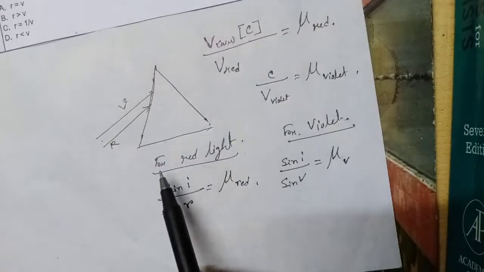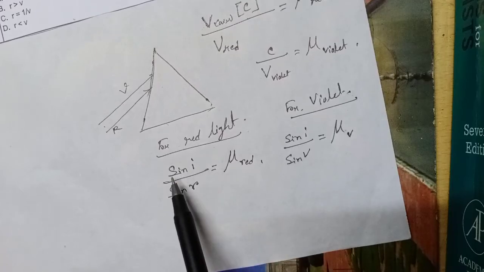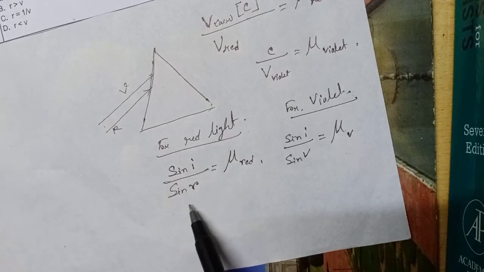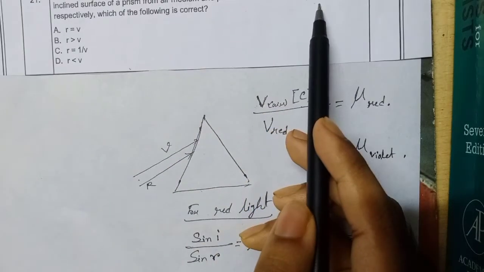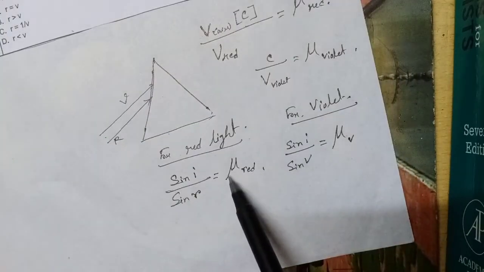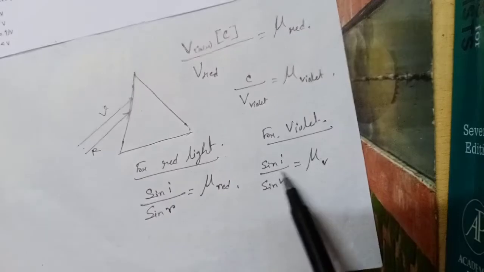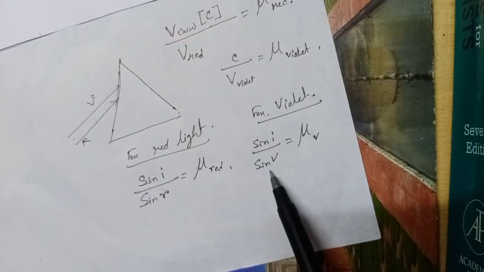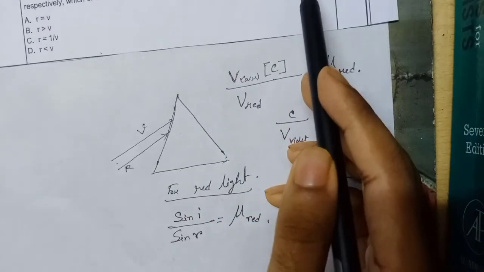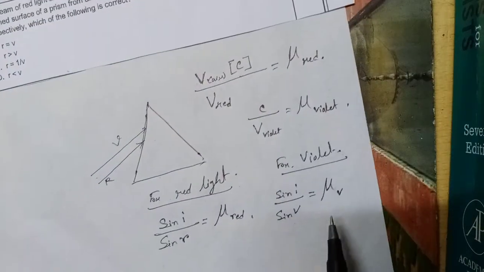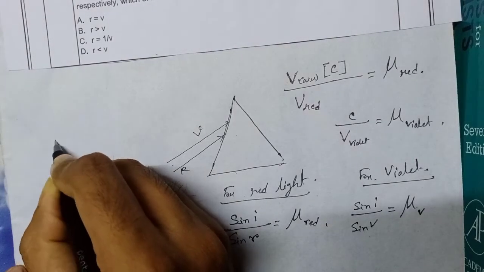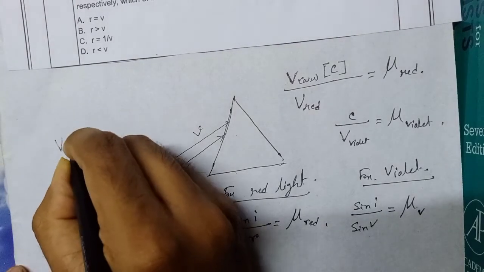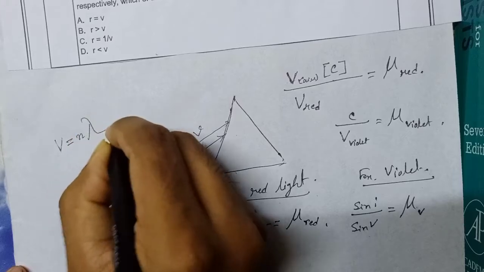Okay, so for red light, sine of angle of incidence divided by sine of angle of refraction, here it is r, equals mu of red. And sine of angle of incidence by sine of angle of refraction for violet, here it is v, is equal to mu of violet. Now we know that v equals n lambda.